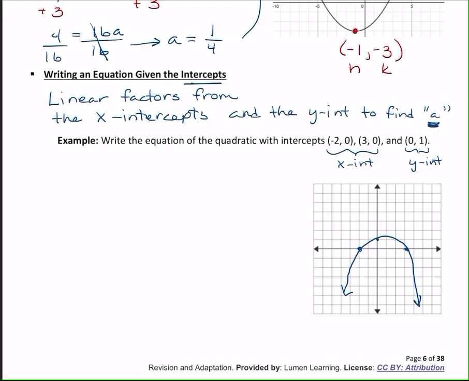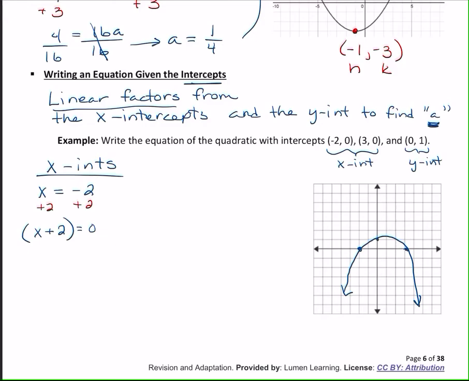So let's start with our linear factors. We're going to write those from your x-intercepts. So if I have (-2, 0), that means x equals -2. To write that as a factor, you're going to add the 2 back to the other side to get it set equal to 0, which will give you x plus 2 equals 0.